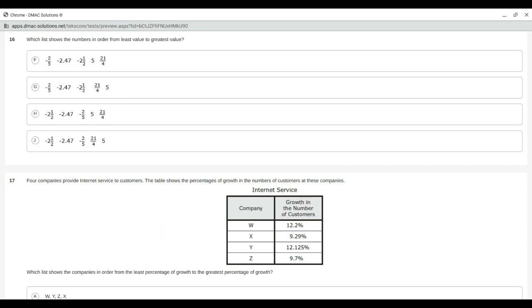H, negative 2.5, negative 2.47, negative 2/5, 5, 21/4. J, negative 2.5, negative 2.47, negative 2/5, 21/4, 5.